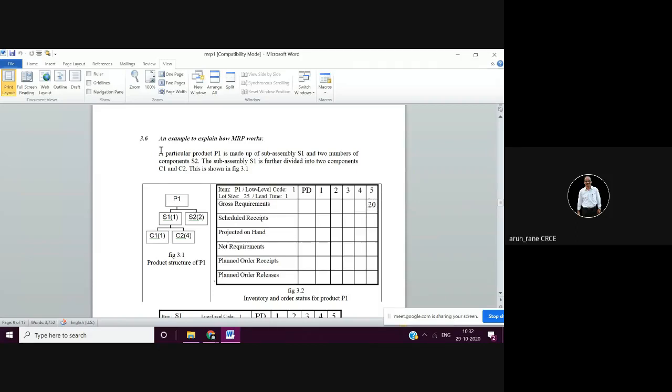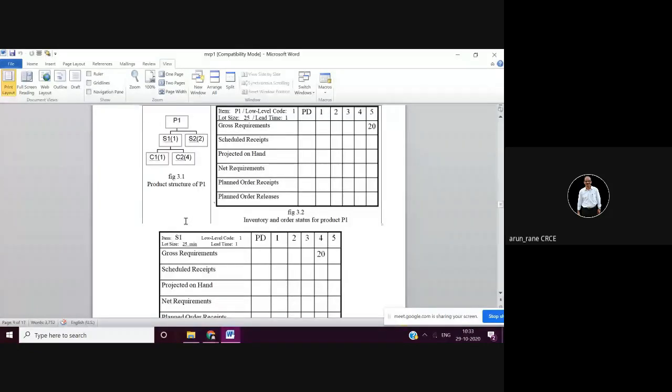So this will give you when you should order 40 bearings, whether you should order in week 1, week 2, week 3, so that there is no stock or there is less inventory on the shop.